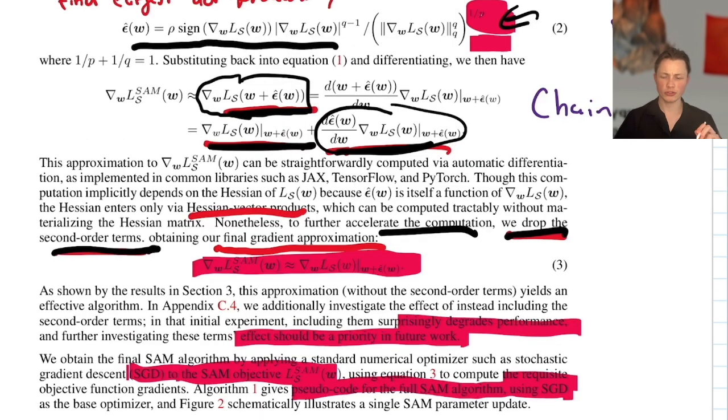They also say, surprisingly, that if you use this second term derivative, it's not getting better, so the performance degrades. If you're not using this, we get much more efficient computation, and the performance also gets better. And therefore the final approximation looks like this.